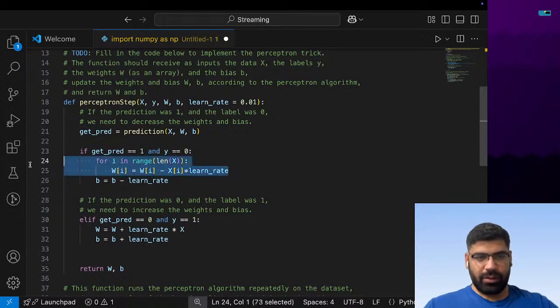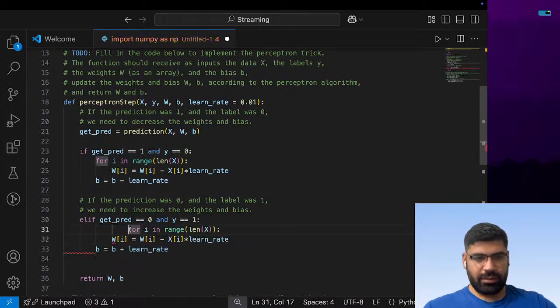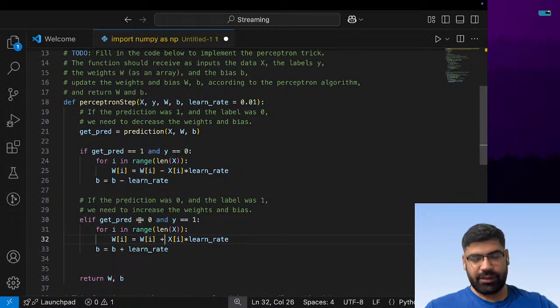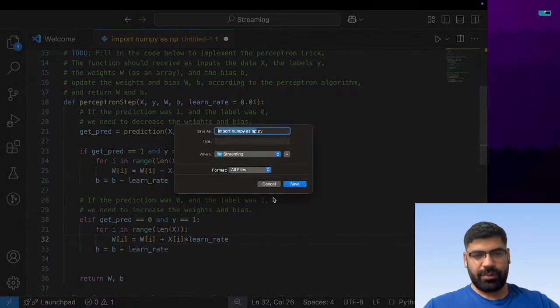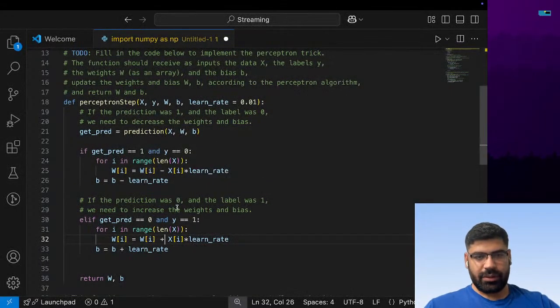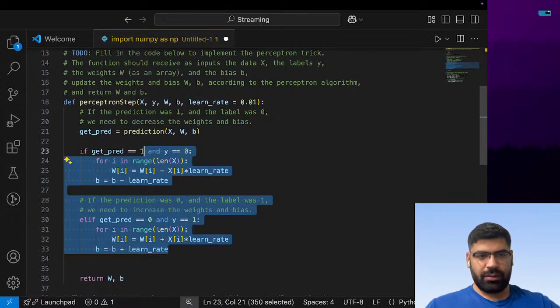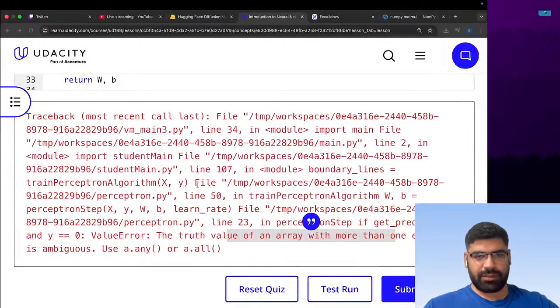This is not optimized code, but gets the job done. Or wait, here it should be positive because the prediction was 0, but it's a positive. Okay, this should be good. I think this does the job, right?